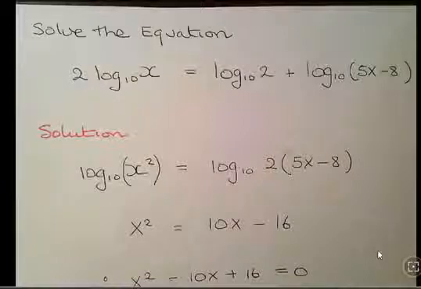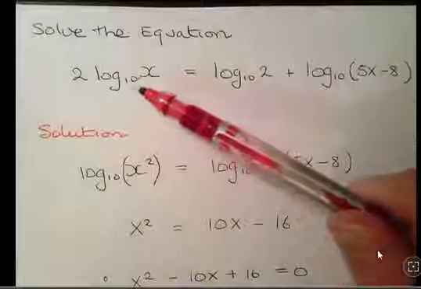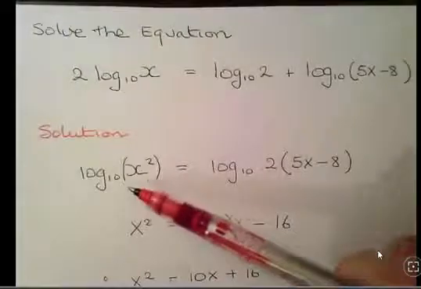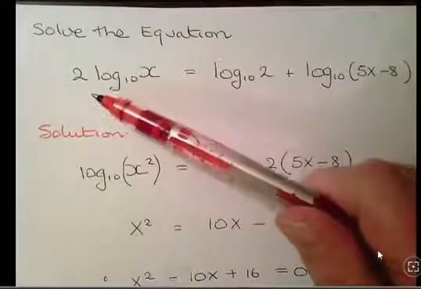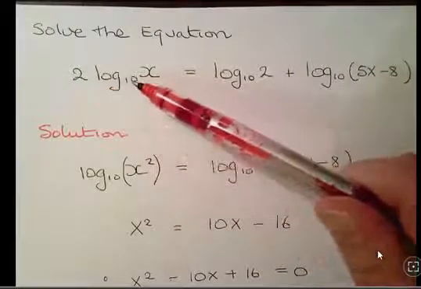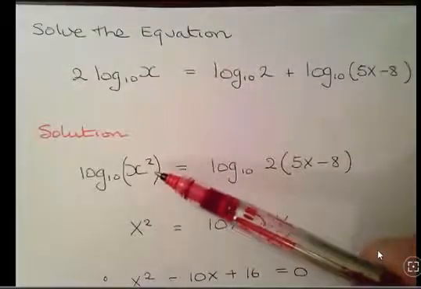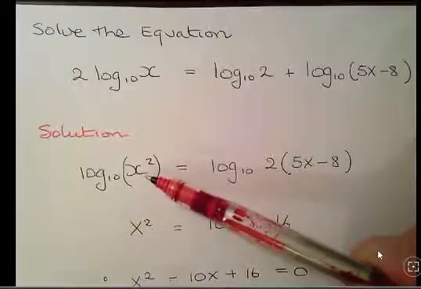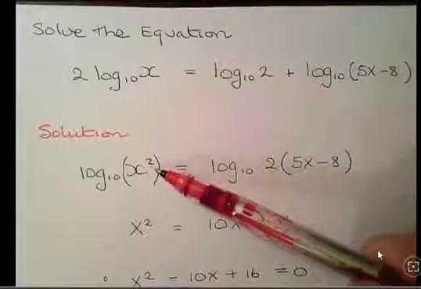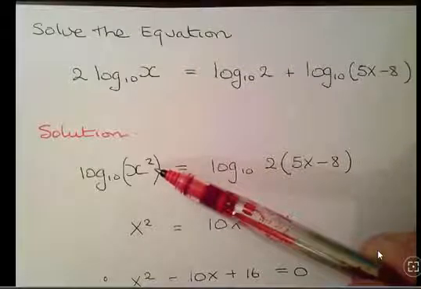I'm going to be a little bit quicker here, but just to remark, if we have 2 log x, that can be written as log of x squared. If we have a multiple of a logarithm, we can rewrite it as a logarithm of whatever's in it to the power of that number. It's one of the rules of logarithms.